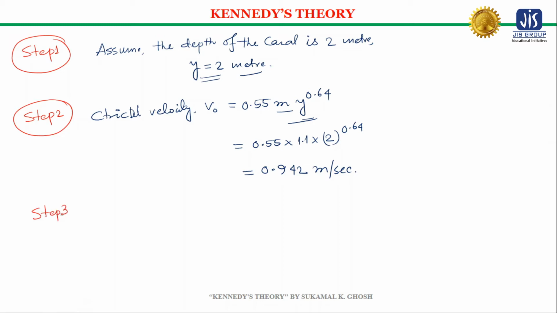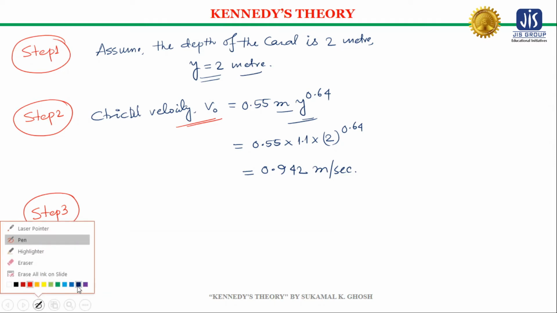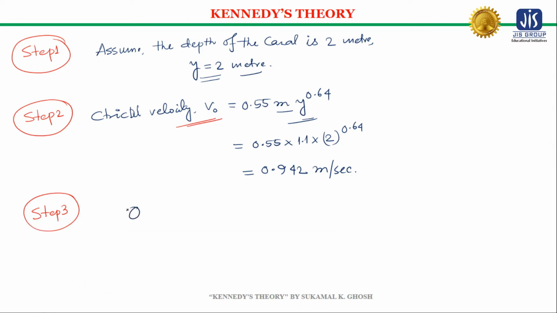Now what was our step 3? Step 3 is to calculate the area of the canal using the critical velocity V naught. We know that discharge Q is equal to area A into the velocity V naught. From this expression, A is equal to Q divided by V naught.